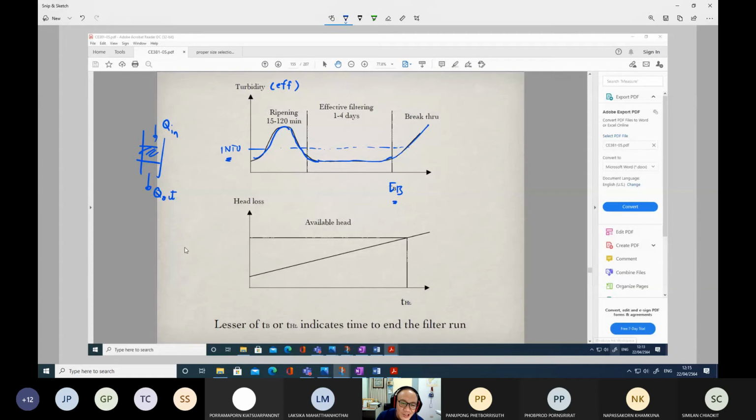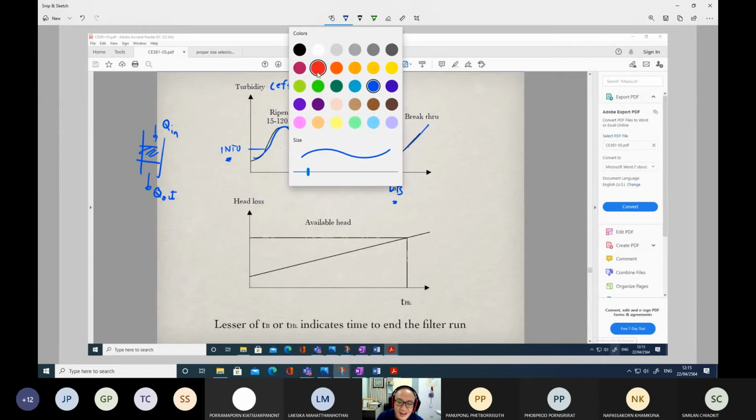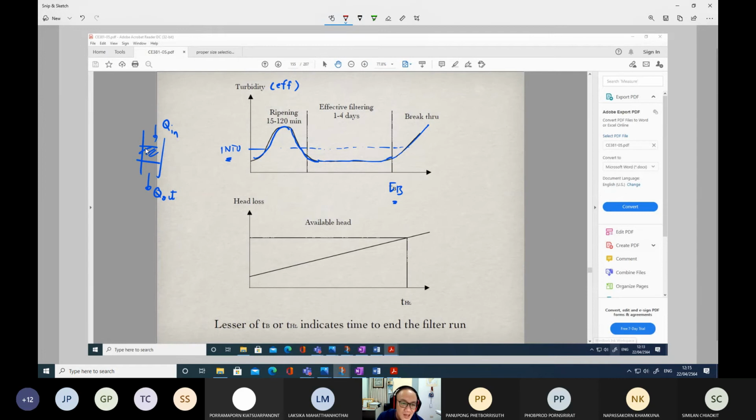In terms of the head loss, if we operate for some time, there will be the initial head loss, and then if we keep on adding water into this filter, water levels will increase. We cannot let it increase beyond certain limits, otherwise it will overflow.